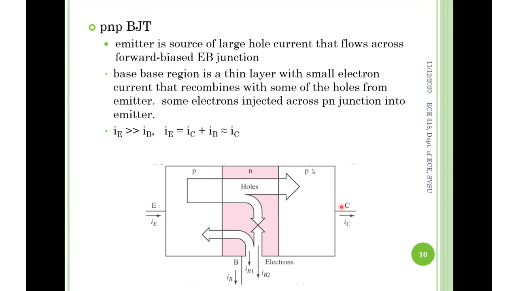So once again, the relationship among those currents remains the same. Emitter current remains equal to the sum of IC and IB. IE is still way bigger than IB, and still approximately equal to IC.